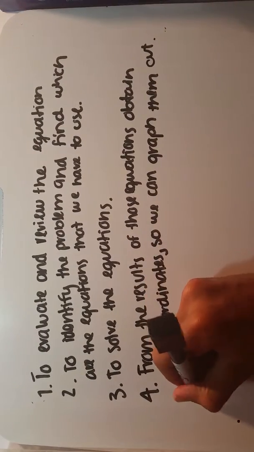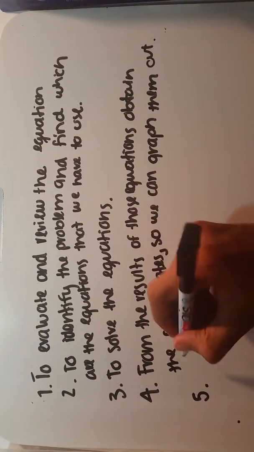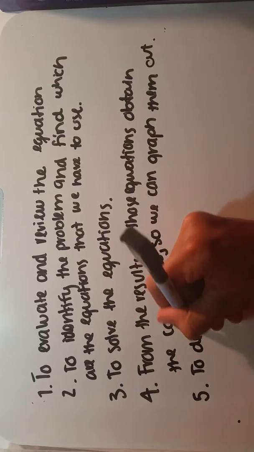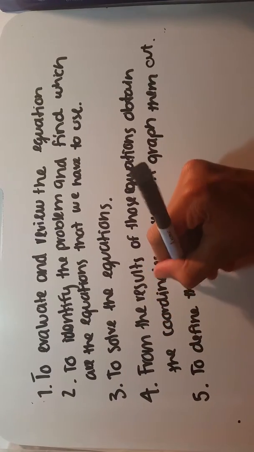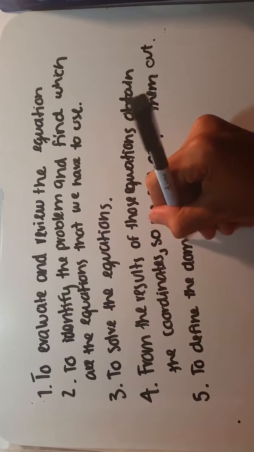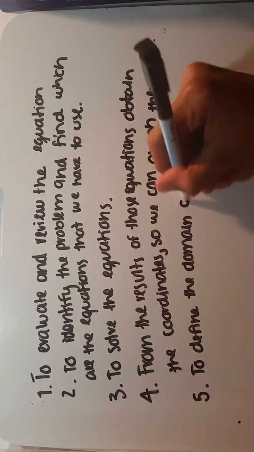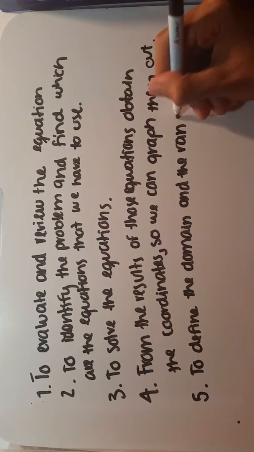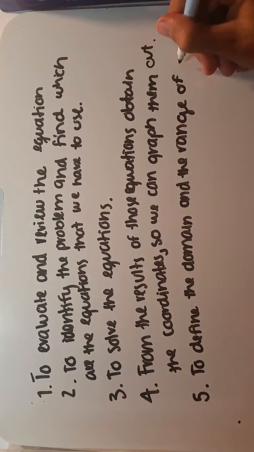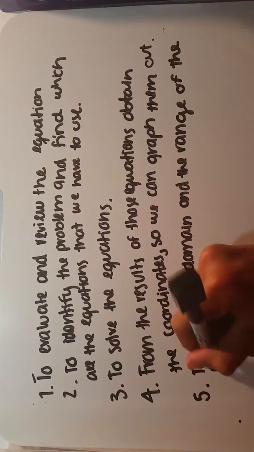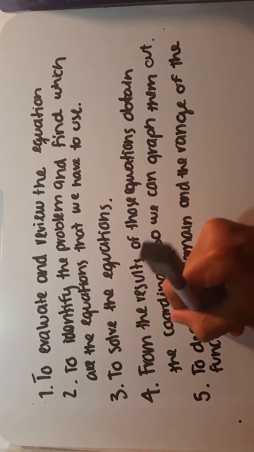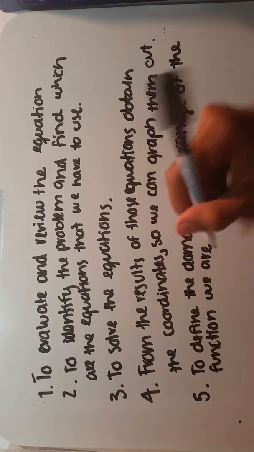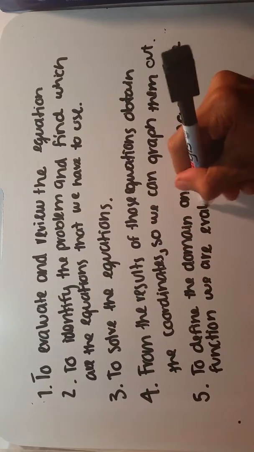The last step, number 5, is to define the domain and the range of the function we are evaluating.